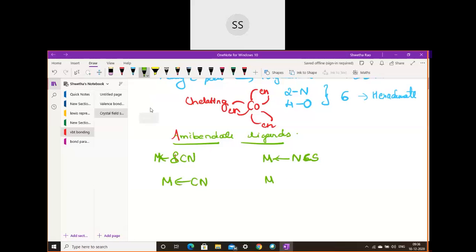Yes, very good. So you have thiocyanate and isothiocyanate. SCN can donate from both sides, that is, from the sulfur side or from the nitrogen side. So if I take the metal here and donation is happening from sulfur, that will be thiocyanate. But if the donation happens from the nitrogen side, we write it like this.